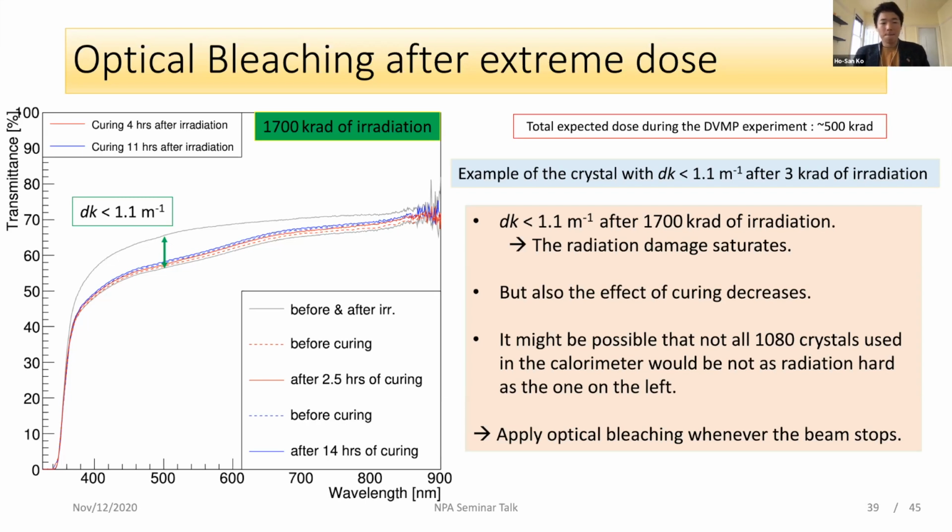So the good news is, since the radiation damage is saturated, we might not even need the curing for the whole experiment. But we always have to take into account that it might be possible that not all 1,000 crystals are as good as this one on the left. So what we suggest is we apply optical bleaching whenever possible. Whenever the beam stops for some reason, we can apply this method.